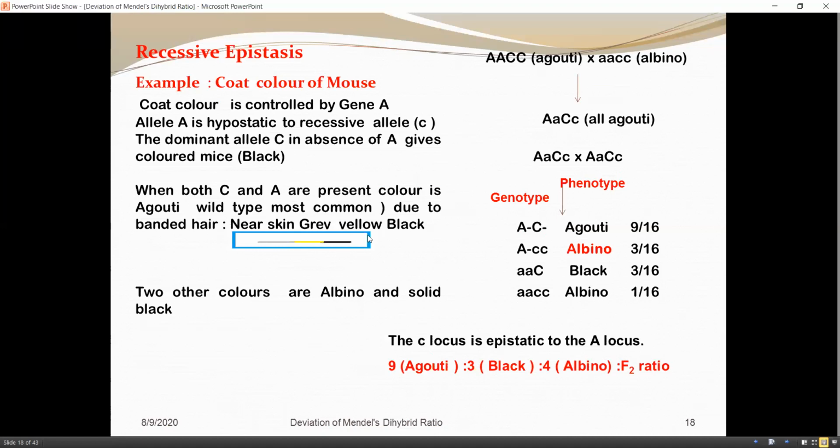Near the skin it is gray, then yellow, and then black. The combination capital A, small c will be albino, and small a, capital C will be black, and small a, small c will also be albino. The C locus is epistatic to the A locus. You can see here in the second combination, capital A, small c, small c is albino, although it should give color.